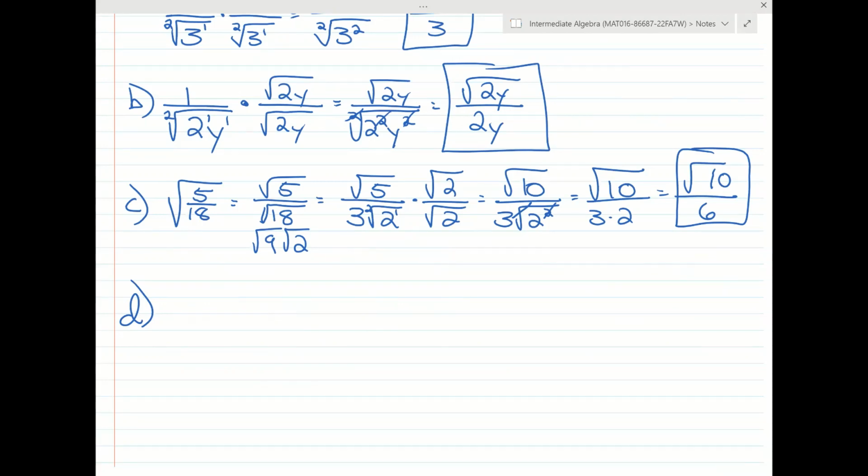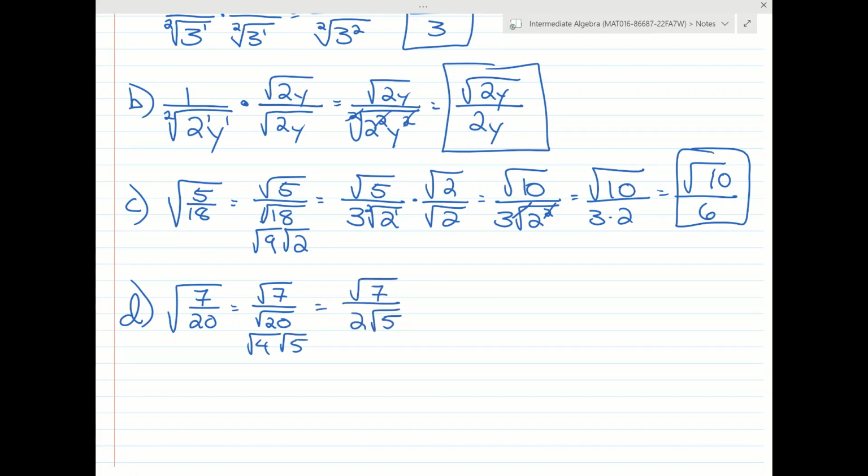All right. What if we had the square root of 7 over 20? Similar thing. If we break up the numerator and the denominator, square root of 20 is square root of 4 times the square root of 5, or 2 root 5. Now we have to try to get rid of that radical.